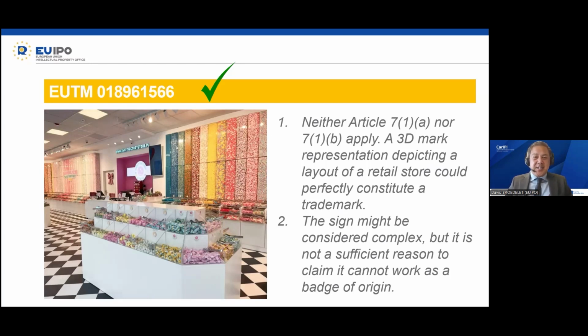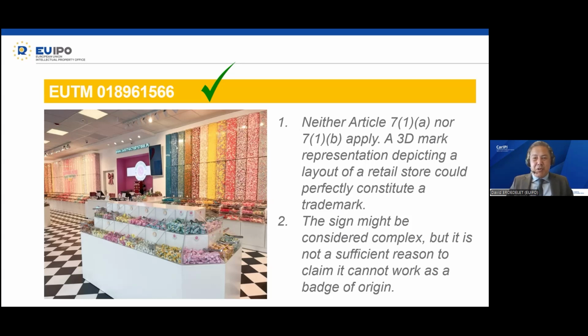And they considered that a 3D mark can perfectly well be a trademark. The layout of a store can be a trademark. We all know, of course, the Apple stores. We have that registered. An Apple store always has a certain layout. If you go into one, you immediately know you're in an Apple store, right? So this is the reason why we don't apply Article 71A. So it was considered, no, a shop can be a trademark, because why not?